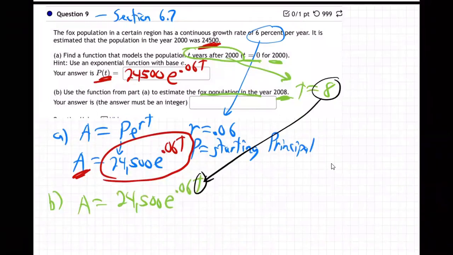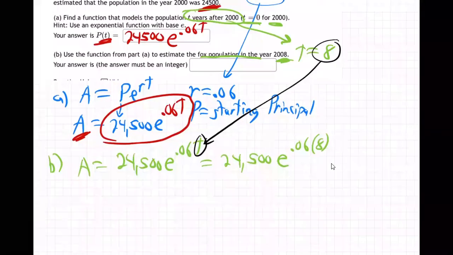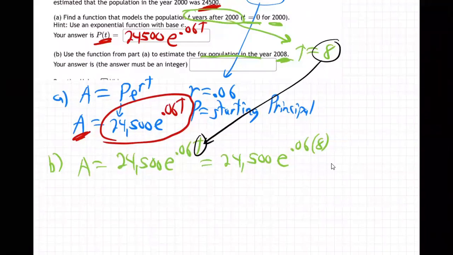So what will we get? 24,500 e to the 0.06 times 8. So hit the buttons on your calculator for that. You can figure out the power first if you want. If you multiply these, it's 0.48.